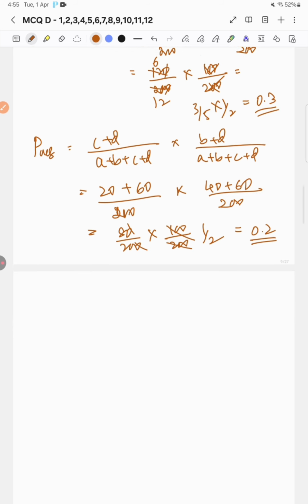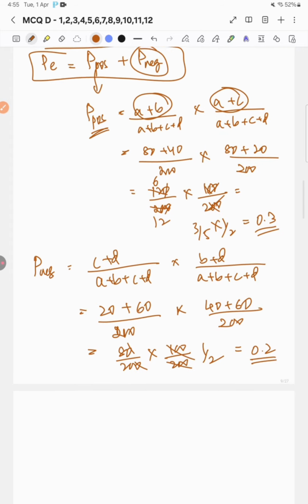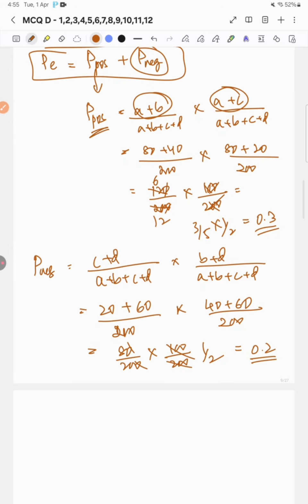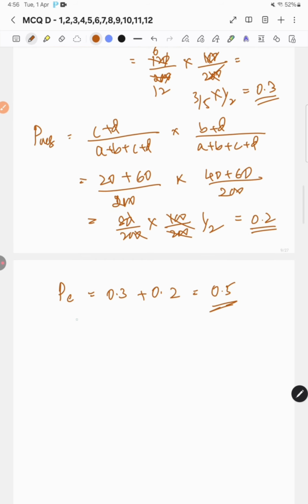Okay. So now we have got the P positive and P negative, right? So now substitute them. It is 0.3 plus 0.2. Now we have got the prevalence of expected agreement, that is 0.5, right? Lastly, now calculating the kappa statistics, that is PO minus PE divided by 1 minus PE.